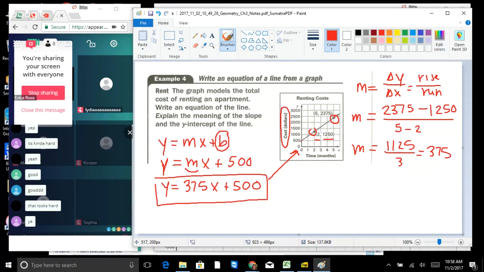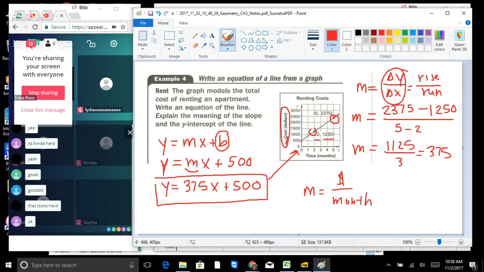And last note, because I know we're almost done. Remember when we did the slope, we did the change in y over the change in x? We kind of ignored the terms. But really, when you did your slope, your change in y is in dollars. This is $2,300 and $1,250 dollars per month.